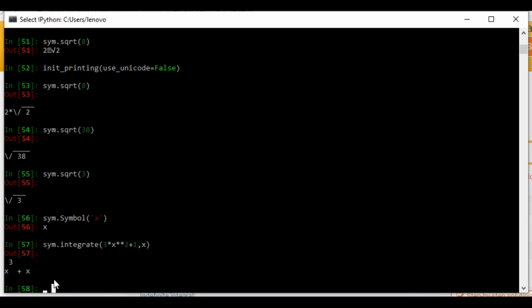For example, the integral from 0 to 1 of (a x square plus b) dx. We would like to find its numerical solution.